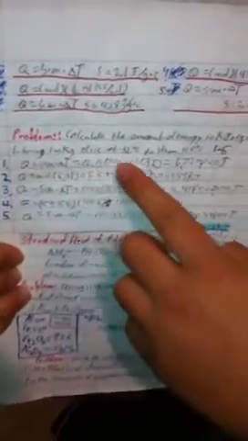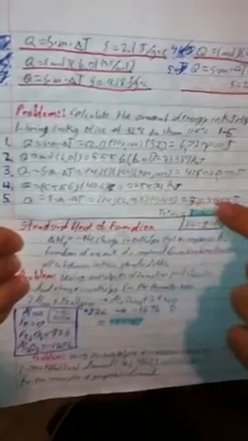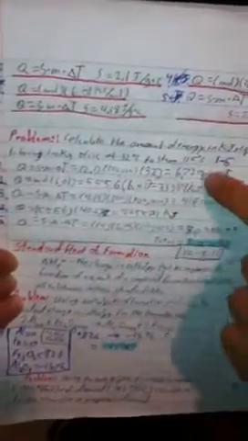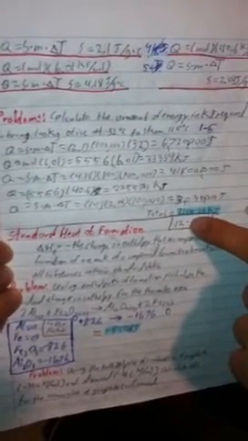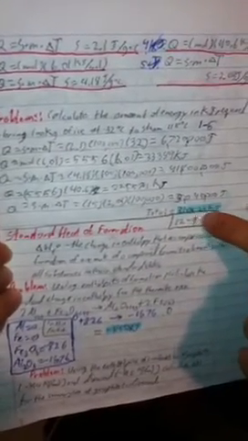So this is basically all the work. And when you get the values for all the equations, you add them up. And that's what we got: 310,528 kilojoules.